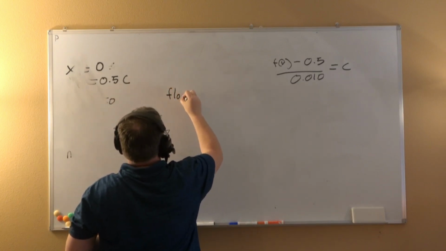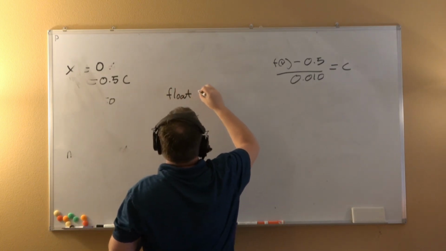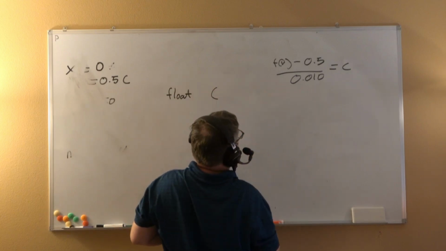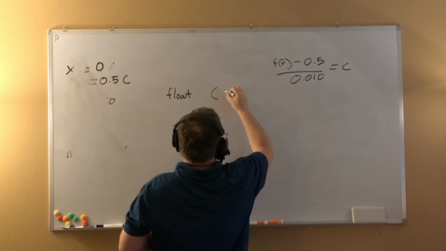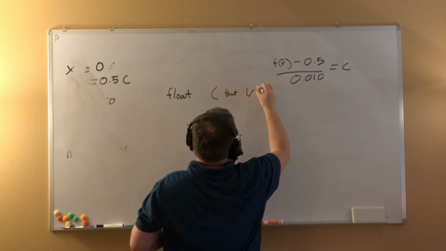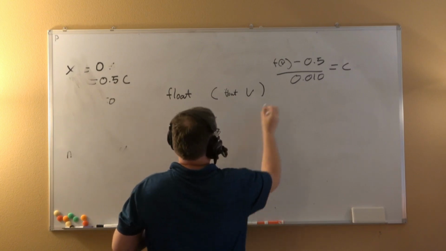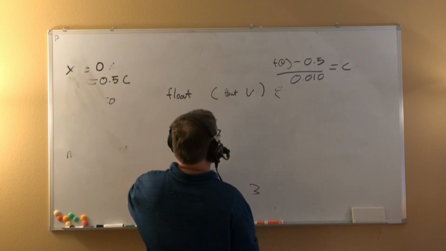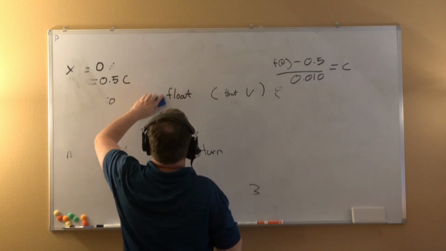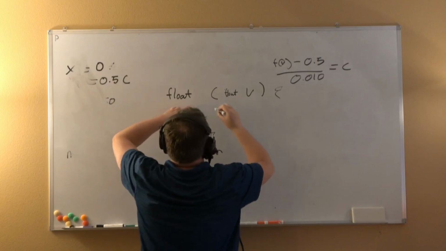So a float, okay, and this is going to be voltage, so float V. We're going to return, okay, this is void, float V. It's just float V. And let's call this, let's call this math.